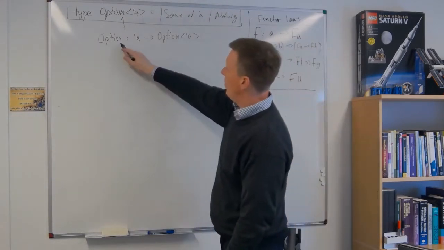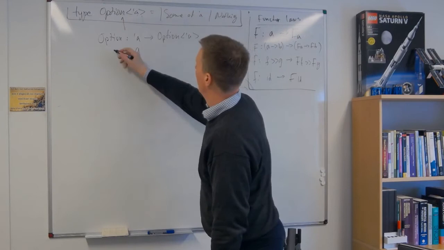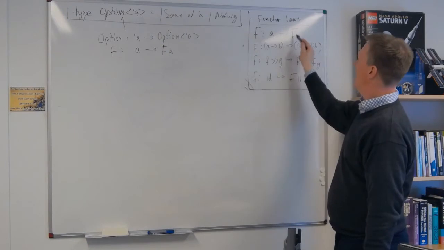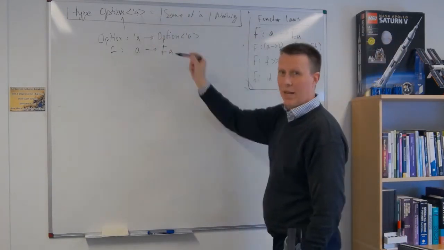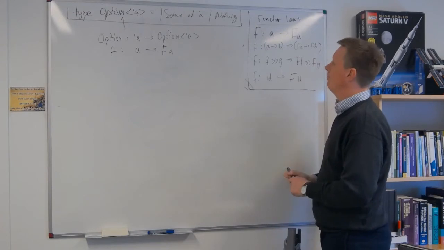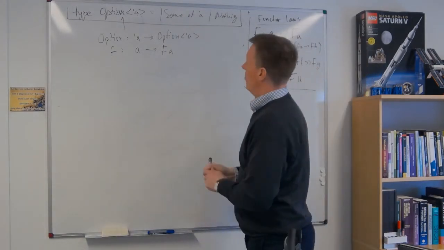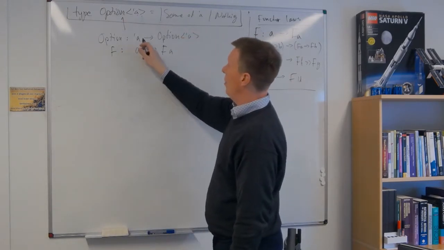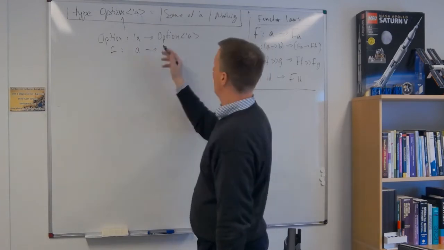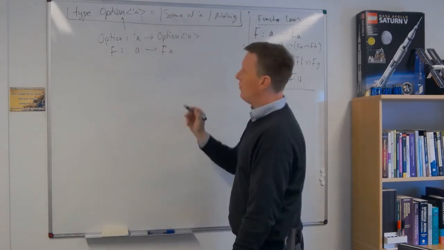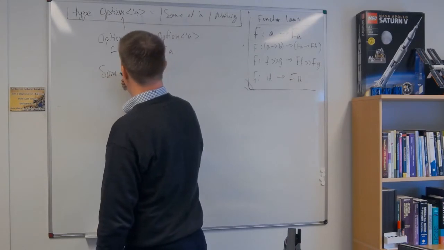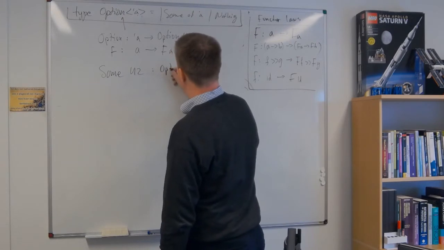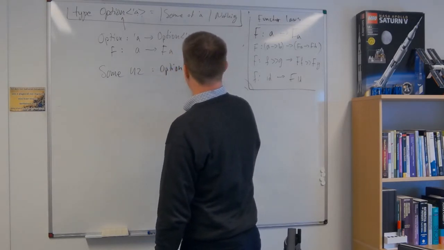And now if you look at the structure here, and I can write this like this, we see that there is a very clear similarity between these two things. So how does this work? Well, in order to create an option of some type A, I can use my data constructors. And I have two of them, so I can say Some 42, and that will of course have the type option int.